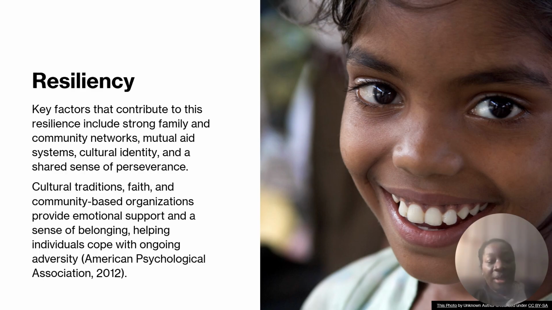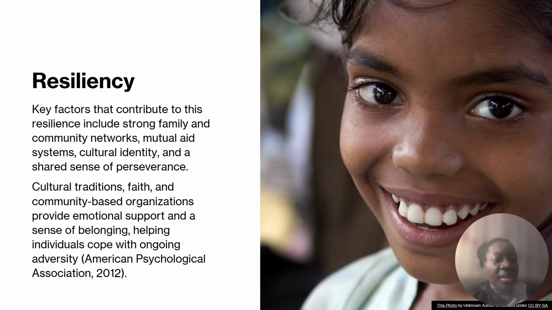However, I know that we're talking about the barriers for immigrants, but they are also very resilient, right? Key factors that contribute to this resiliency include strong family and community networks, mutual aid systems, cultural identity, and a shared sense of perseverance.